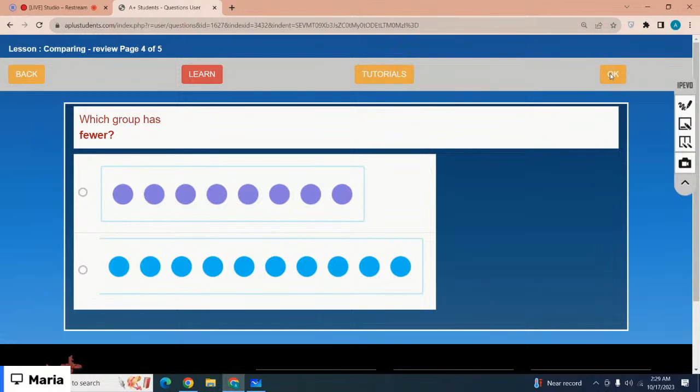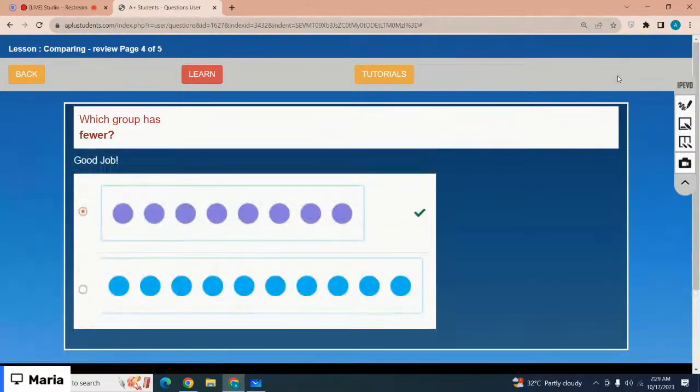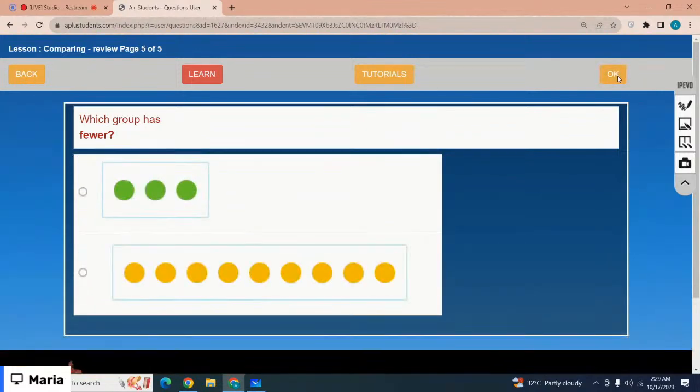Yes, the purple group has fewer dots than the blue one. So purple are fewer than the blue one. Which group has fewer, green or orange?